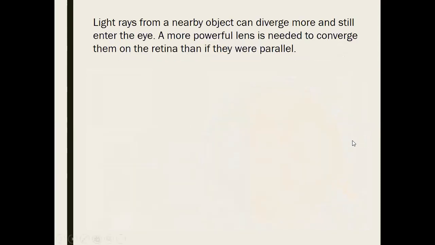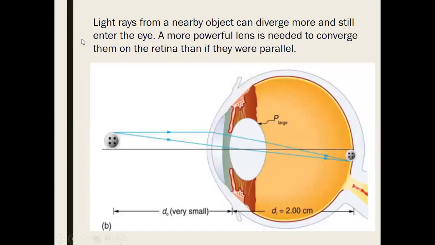And when we are reading a book or observing nearby objects, now you see that this is a button, the two rays after passing through the cornea and the lens come and join over here and make an image over here.